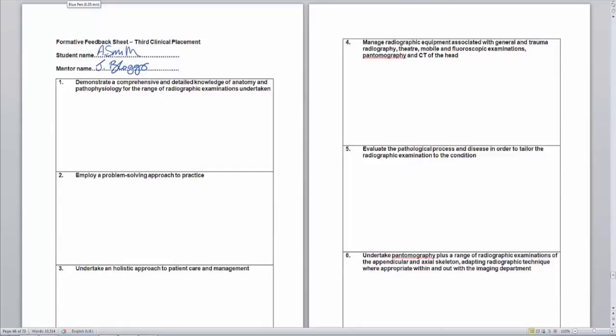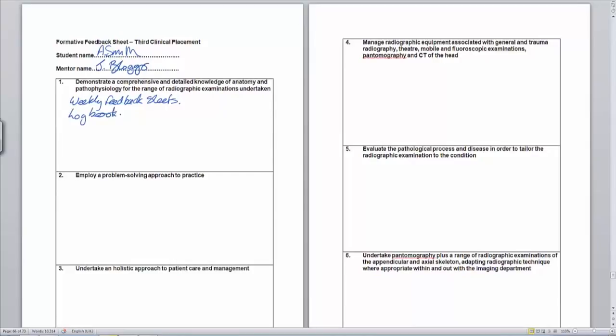So the things that you might want to feed in to your feedback are, of course, the weekly feedback sheets. These are quite important for you, especially if you don't see your student particularly often. They give you an idea of what other radiographers think about the way in which they work.